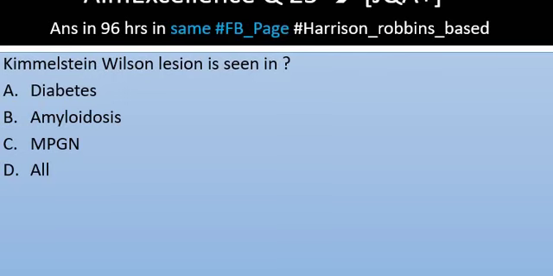Before getting to the final answer, because you have responded so generously, it is our responsibility from the side of AimExcellence to give you the pictorials, the changes that happen in diabetes, amyloidosis, and also other glomerulonephritis. So we'll give that, and then we'll come back and answer this particular question.